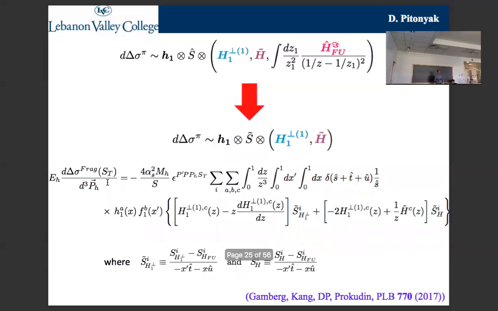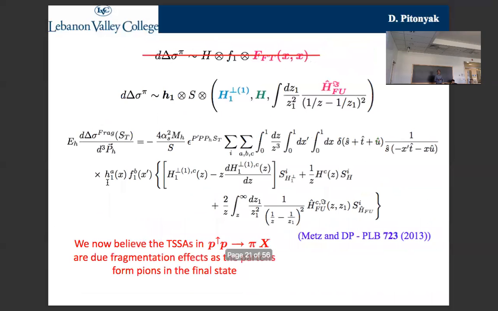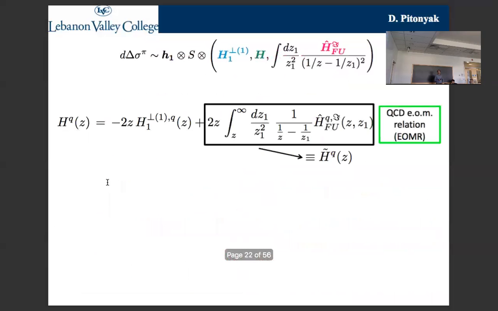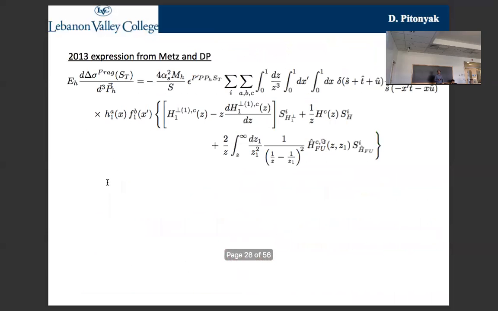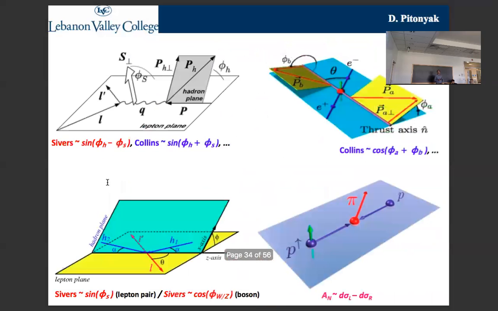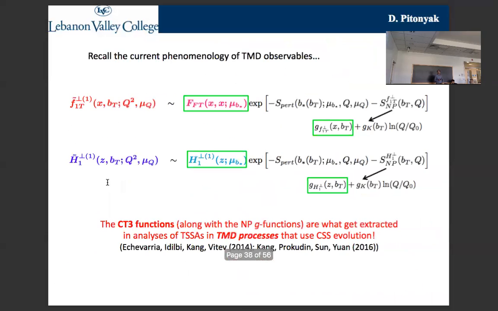So the answer is, for the evolution, it's known. As you know, it's known for the twist-3 fragmentation function and also for this first moment of the Collins function. Now, it mixes, of course. It's not a closed evolution, so you would have to do something to deal with that.